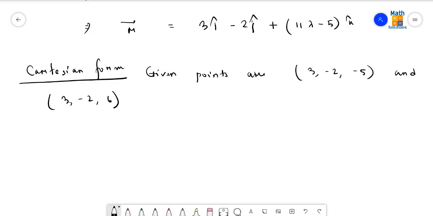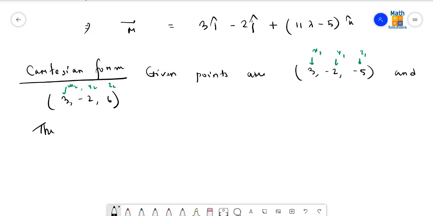So here in this case, we can consider this as x1, y1, z1, and here it is x2, y2, z2. So accordingly, we can write the required equation.